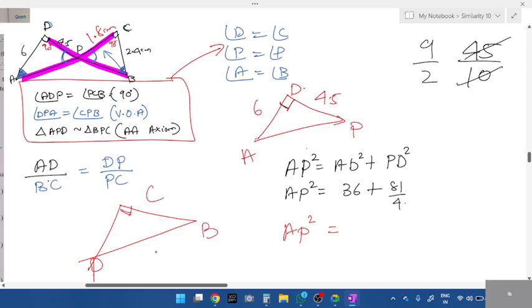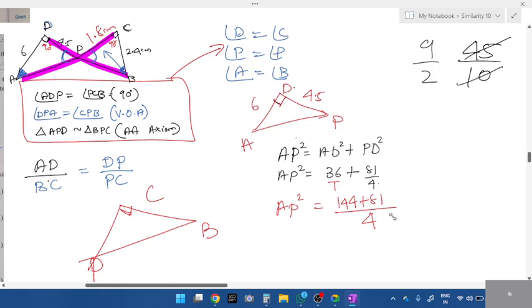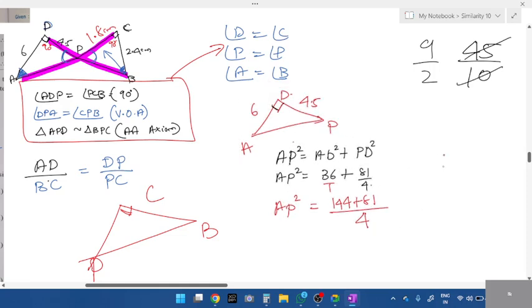PCB, students. PCB. Is it 144 plus 81? Add 144 plus 81.